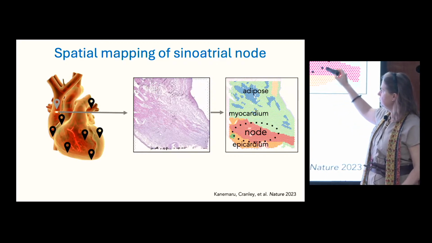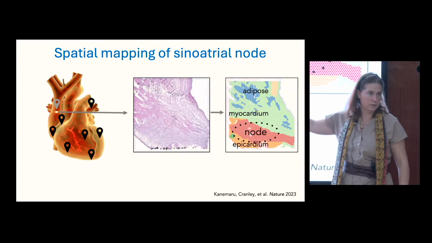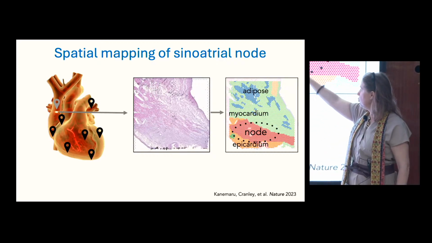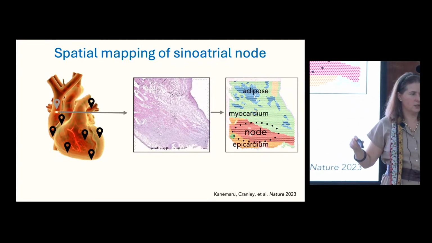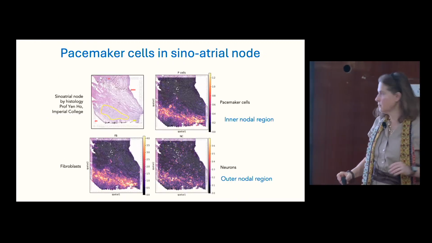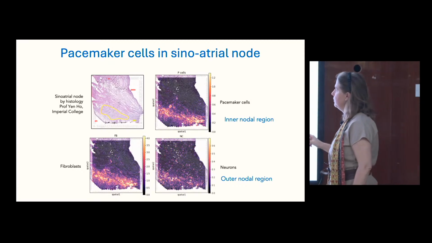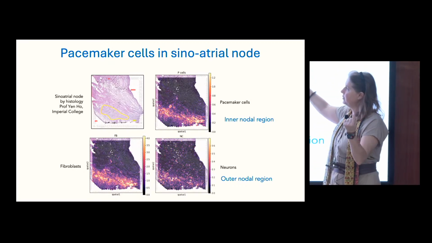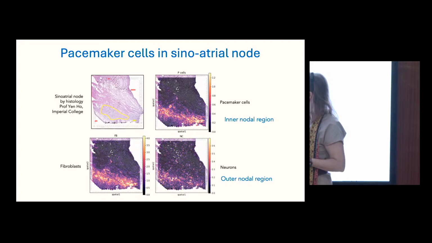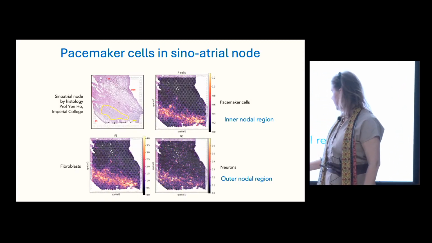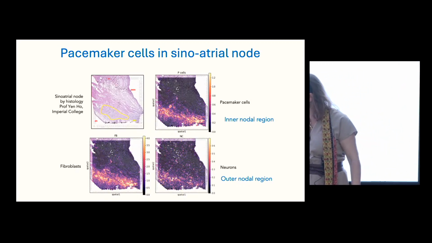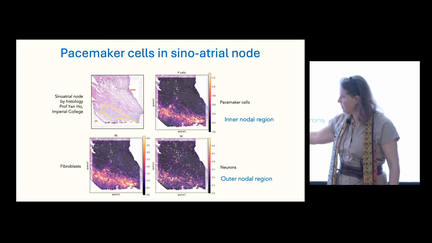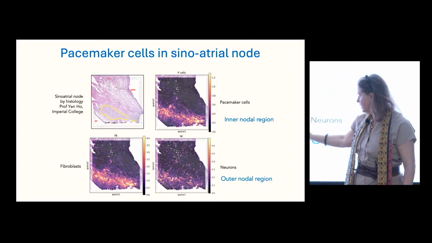And with the histological annotation from Yen, we identified the nodal region versus the myocardium, and the expression pattern of the pacemaker cells mapped to this inner nodal region. And what we can also find in the outer nodal region was patterns of fibroblasts, adipocytes, and so on.